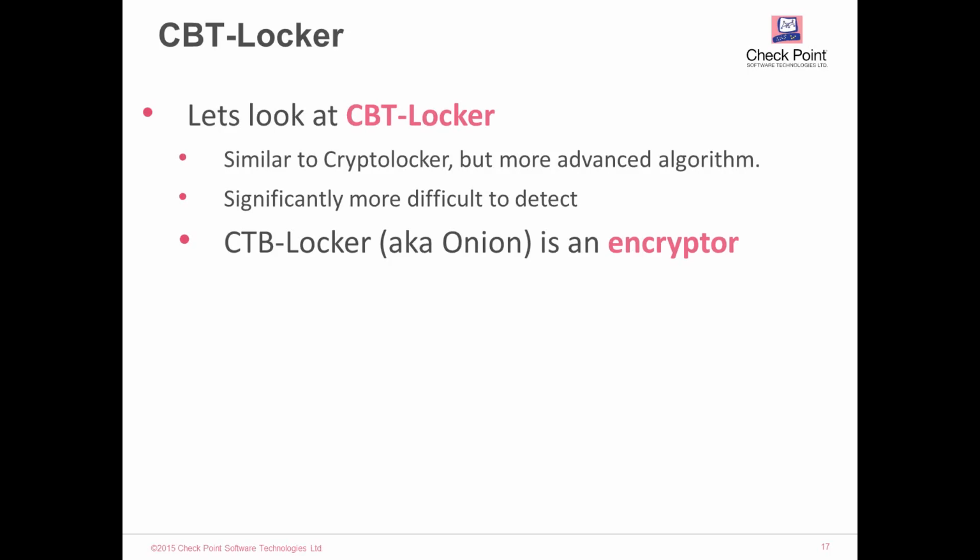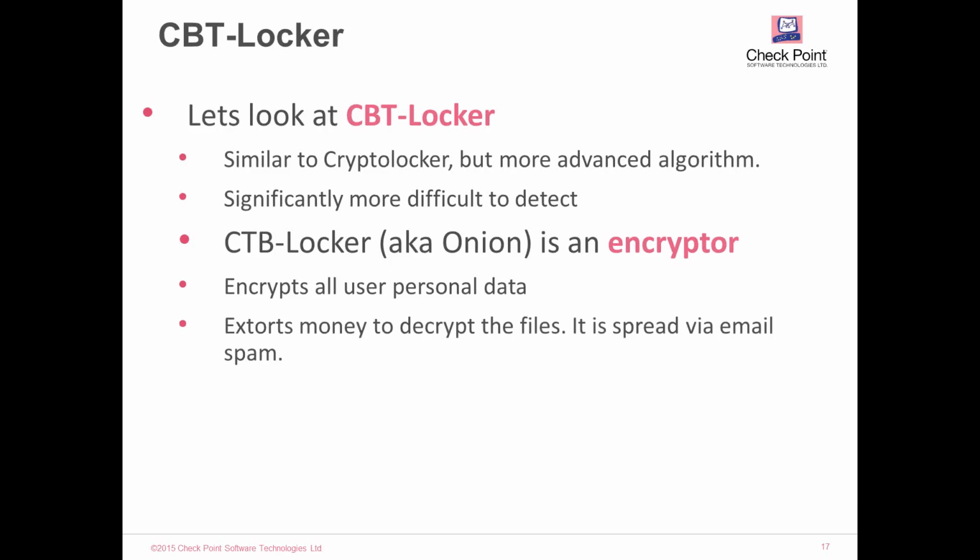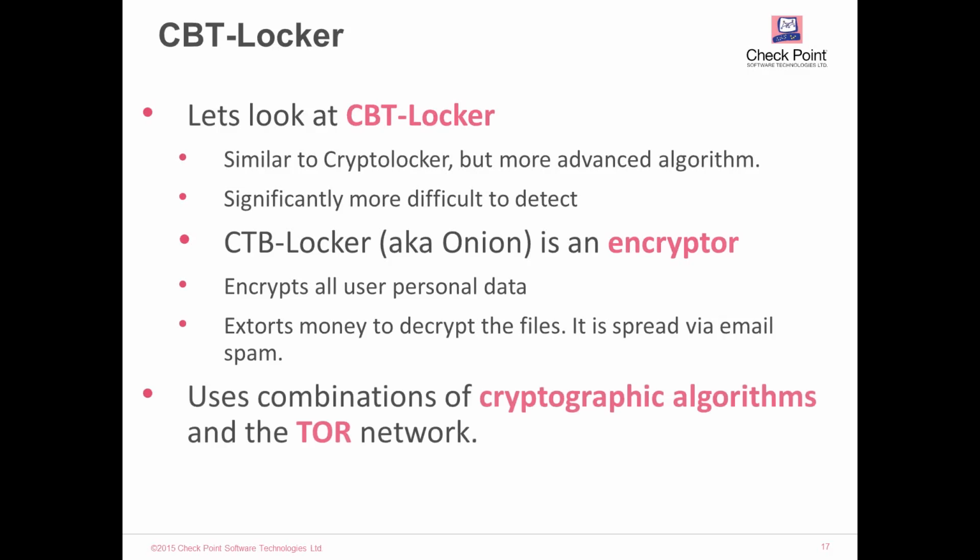As a piece of software, it's something called an encryptor, and the role or the actions of an encryptor are to take your personal data and to encrypt it, okay, to make sure that you no longer have access to it. What they then do is they try and get money from you to get the key, if you will, to unlock that data again, and the way that we saw it spreading is through email spam messages.